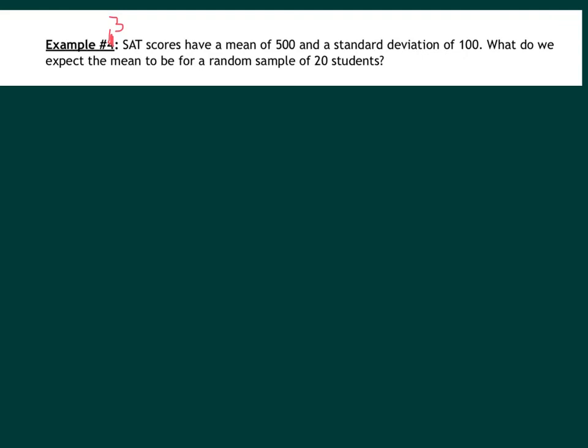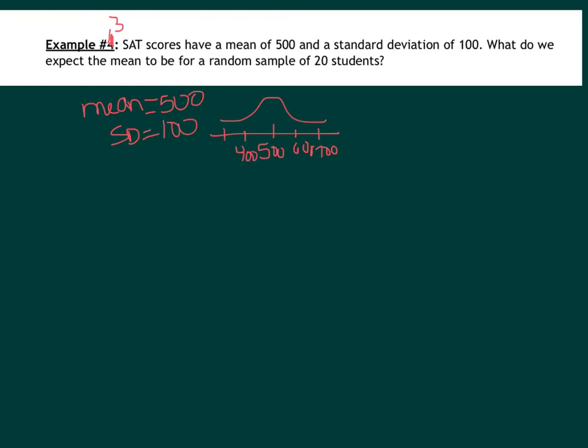So the first thing that a lot of people try to do is say, okay, my mean is 500, my standard deviation is 100, and I'm going to use a normal model where I have 500 and then 600, using a standard deviation of 100.